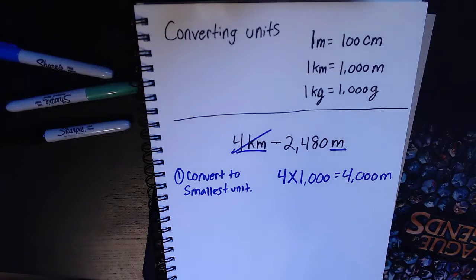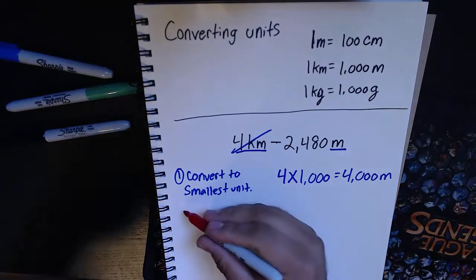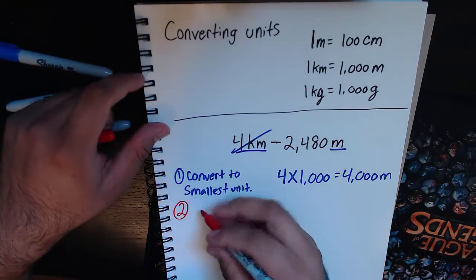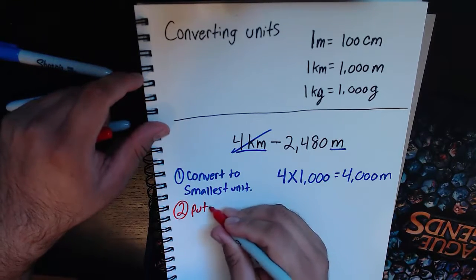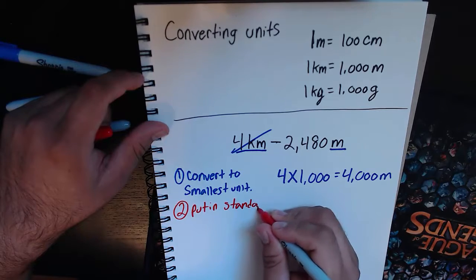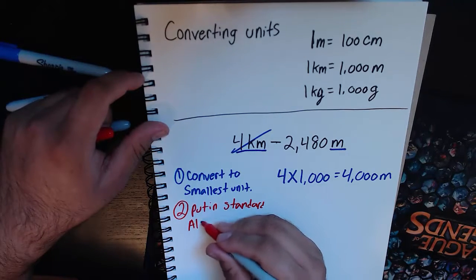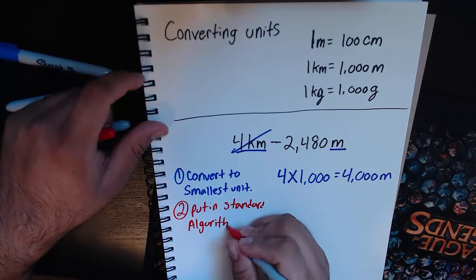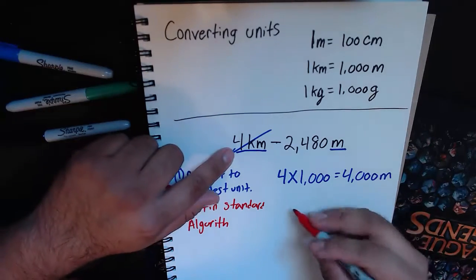So now that I've converted, the next thing I'm going to do with this problem is put it into my standard algorithm. So the second thing I do is put in standard algorithm. So I'm going to take my 4,000 from earlier.